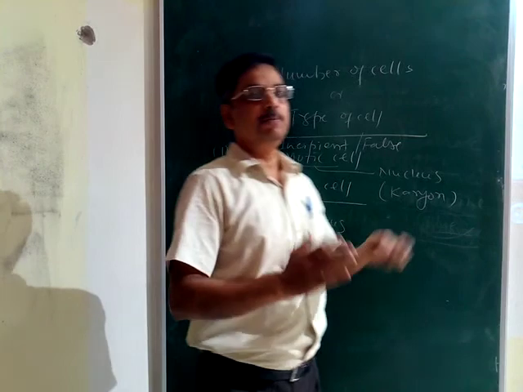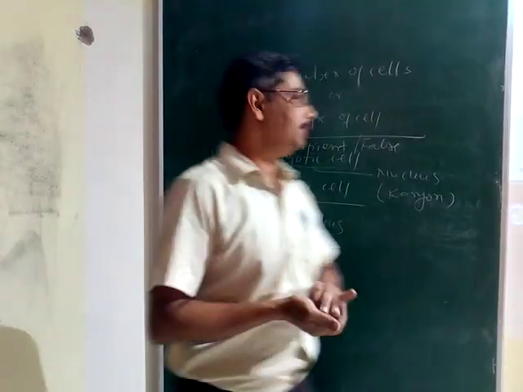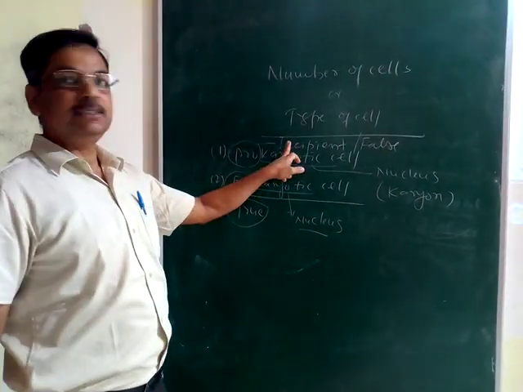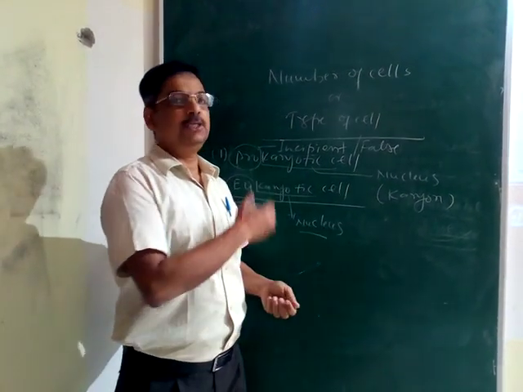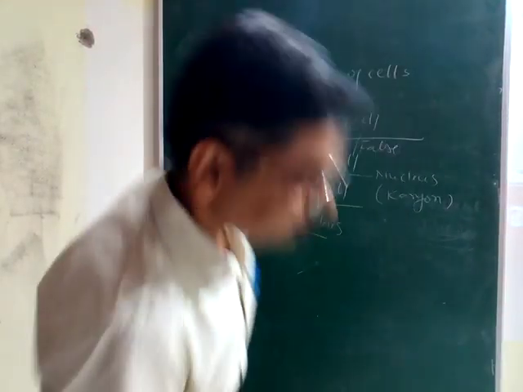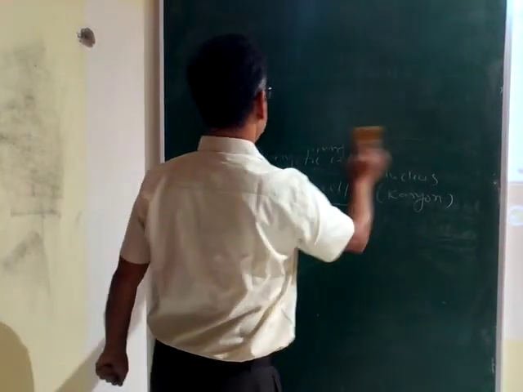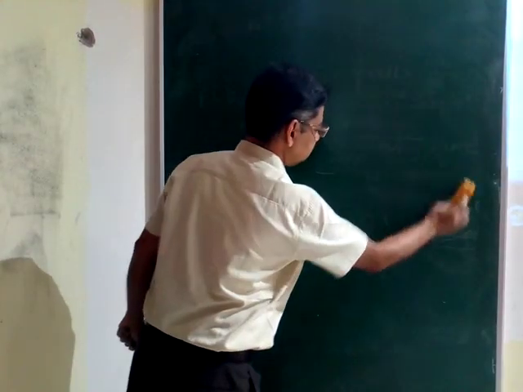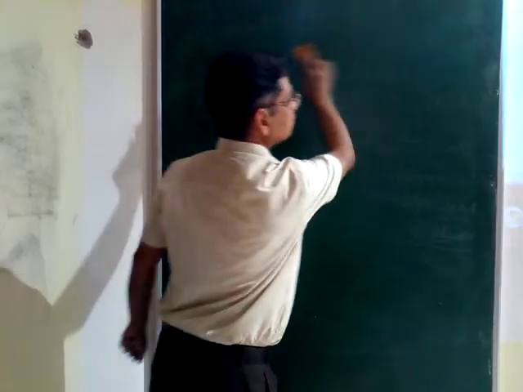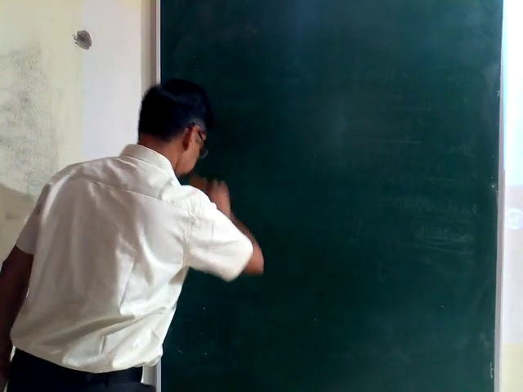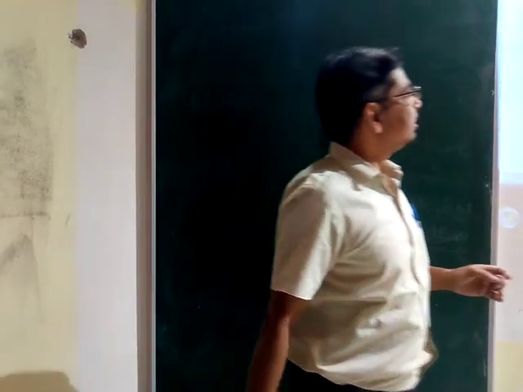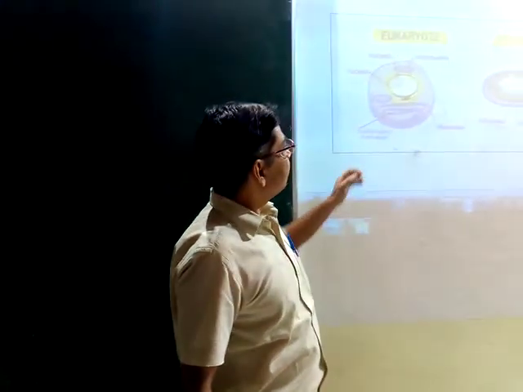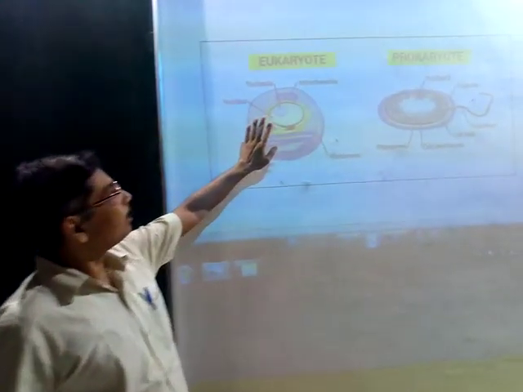Now we come to the basic differences. The first difference is that one has a false nucleus and the other has a true nucleus. What are the other basic differences between prokaryotic and eukaryotic organisms?